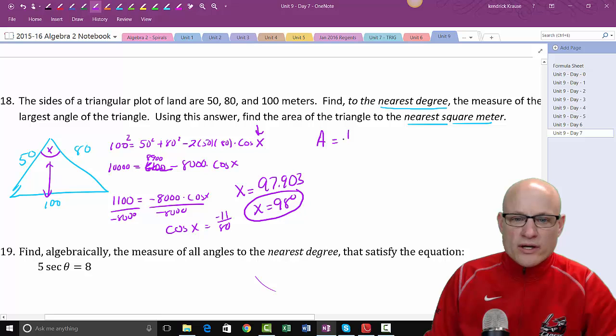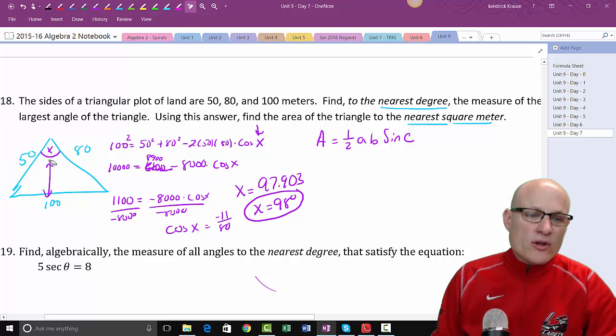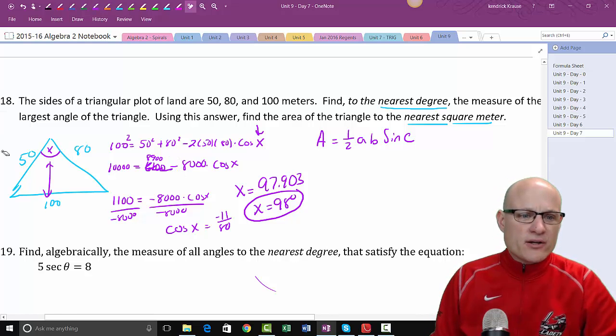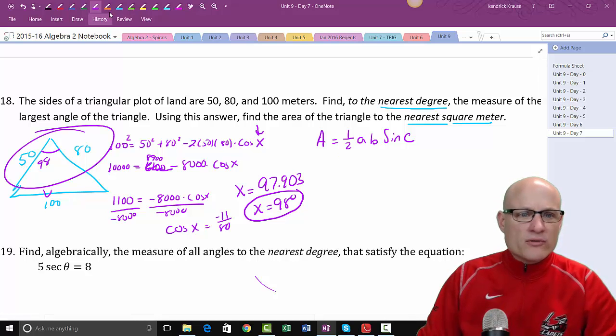Area is equal to 1/2 AB sine of C. Now that I know that this is 98 degrees, I will use these three numbers in my formula over here.